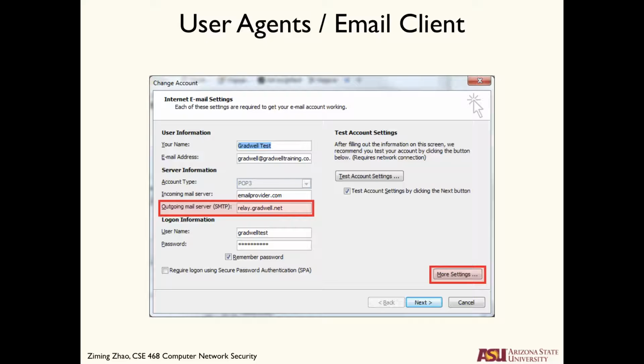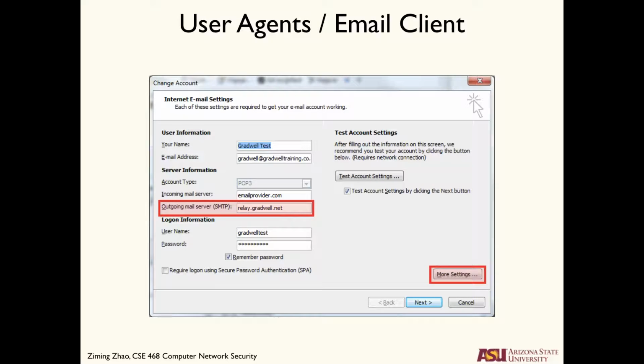To set up your Outlook or whatever application to retrieve or send the email for you, obviously you have to tell those applications your username and your password for that email account.